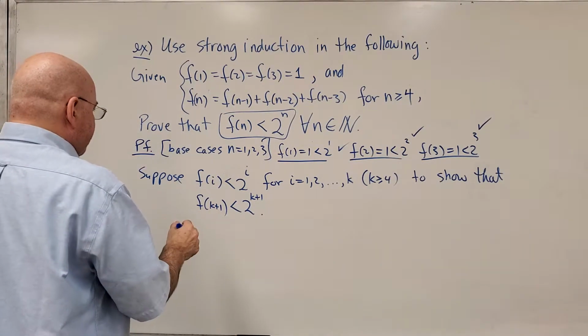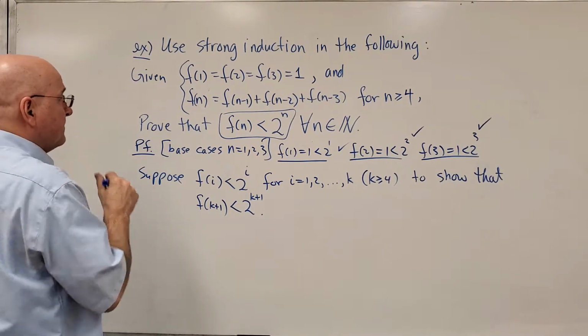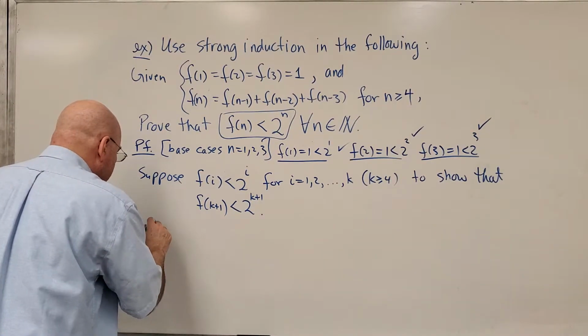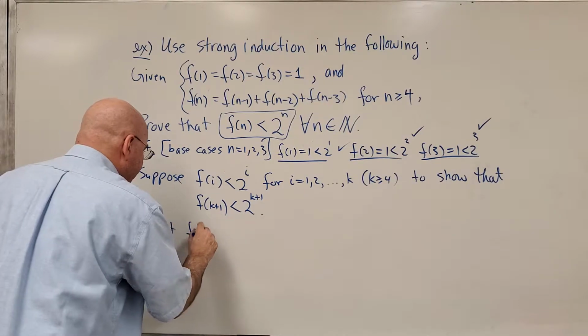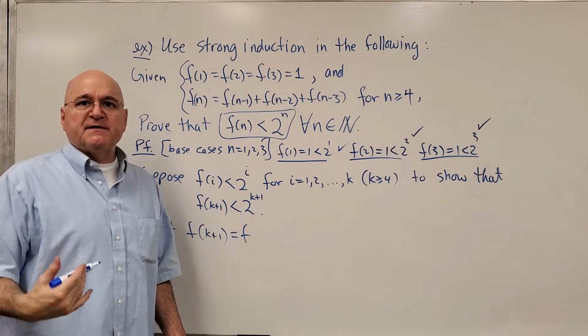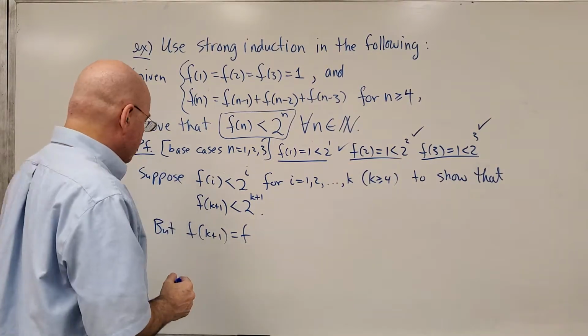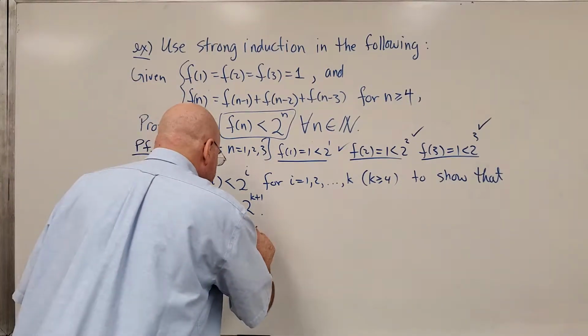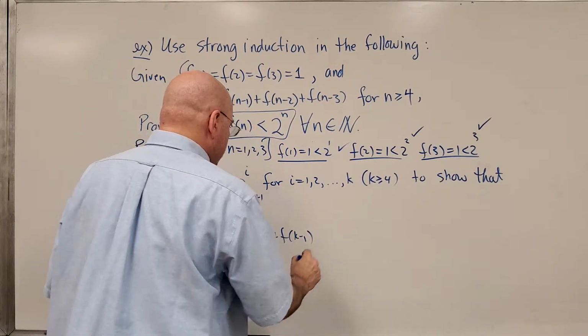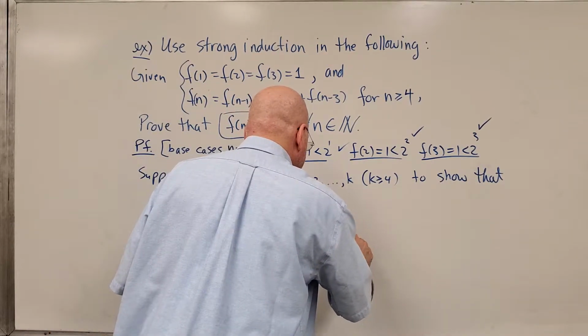All right, so f of k plus 1, by definition, is equal to the sum of the previous 3 terms by the definition of the function. f of k plus 1 is f of k plus f of k minus 1 plus f of k minus 2.